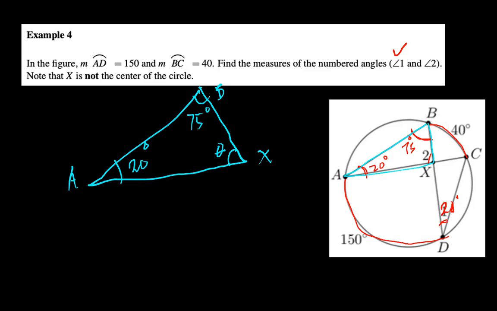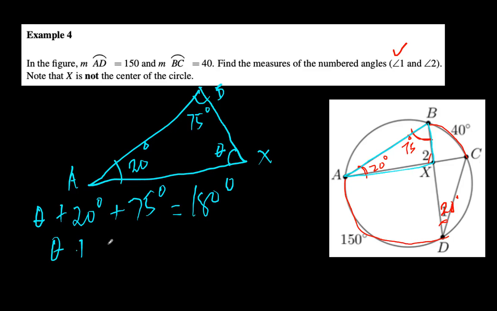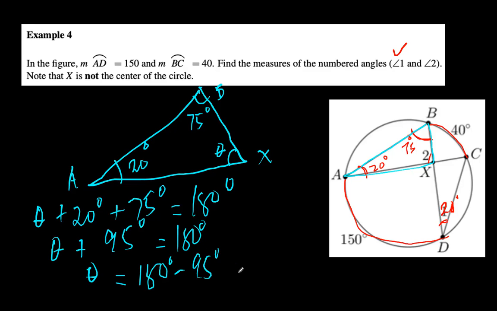So we know that the sum of the angles of a triangle is equal to 180. So theta plus 20 degrees plus 75 degrees is equal to 180 degrees. Theta plus 95 degrees is equal to 180 degrees, and theta is equal to 180 degrees minus 95 degrees, which is 85 degrees.